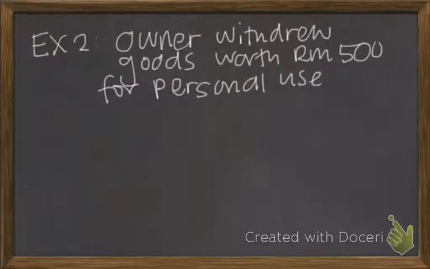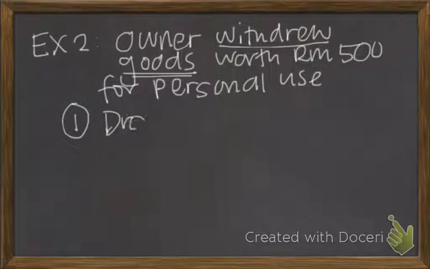Okay, now two accounts are involved. Owner withdrew goods. Goods is something that the business bought to resell to customers. When the owner takes out the goods from the business, the drawings account is involved. Another one is the purchases account.